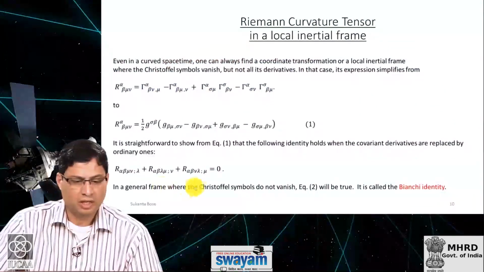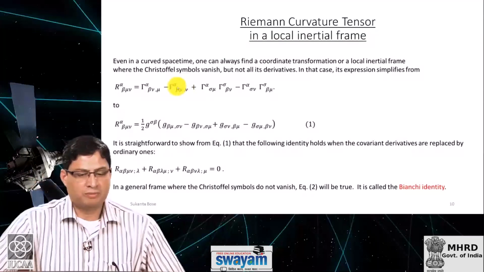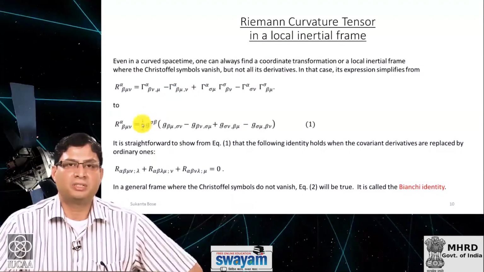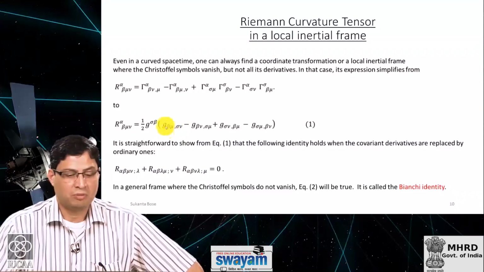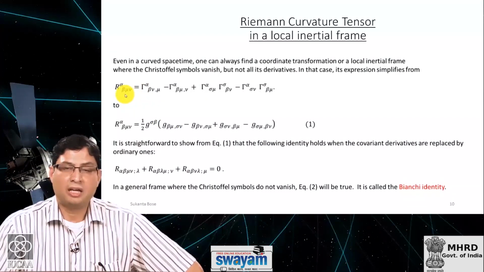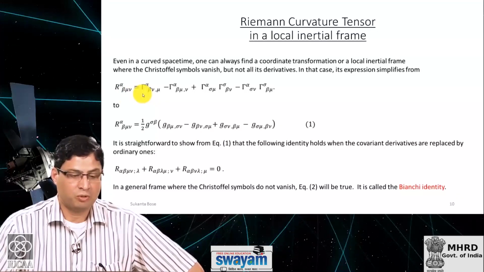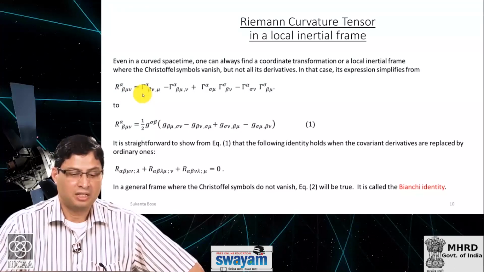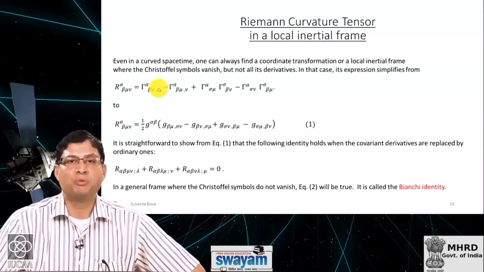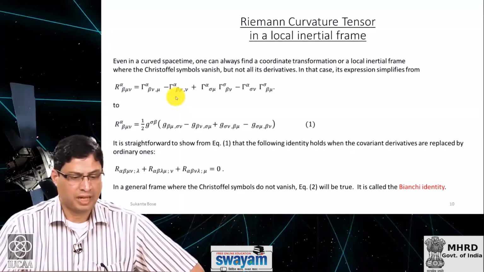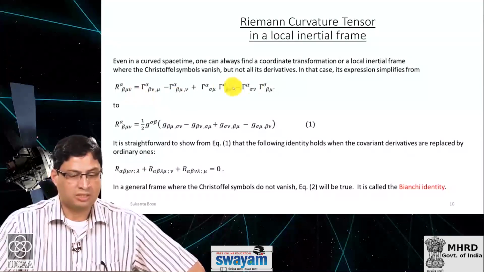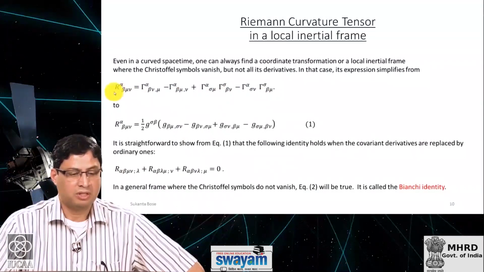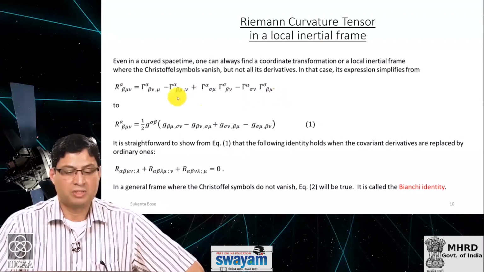Moving on. Because of this, we can actually express the Riemann curvature tensor in terms of double derivatives of the metric. I gave you the general expression in terms of covariant derivatives in the previous slide, in terms of the Christoffel symbols and the derivatives.